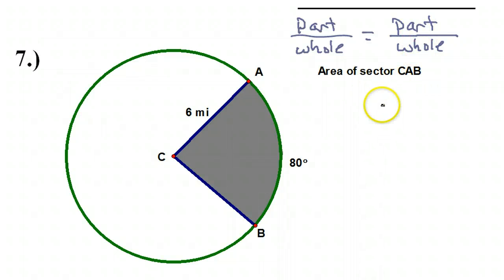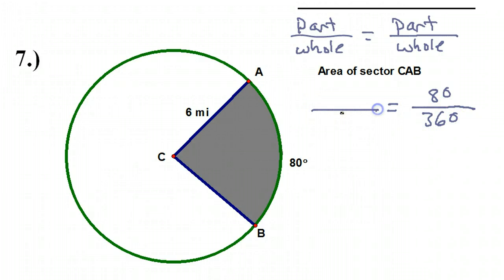Okay, so on the right hand side, when we talk about part over whole, we're talking about degrees. So this part, 80 degrees, same thing as the angle in there. So 80 degrees is the part, and the whole is 360.